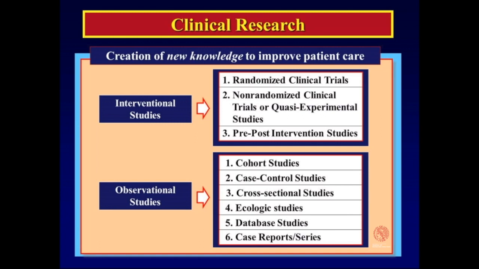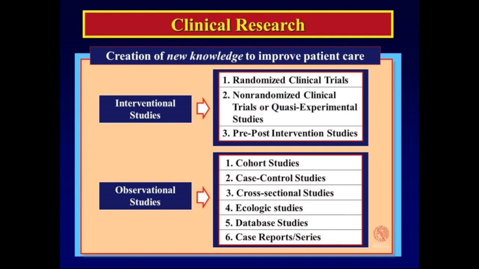I'm going to go through the different designs, but we know that the cohort study is the one where you select a large group of patients and you follow the patients over time. As always, these observational studies may be retrospective or may be prospective.